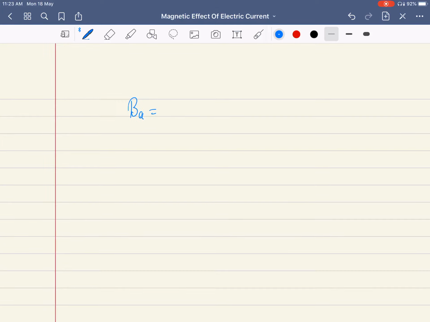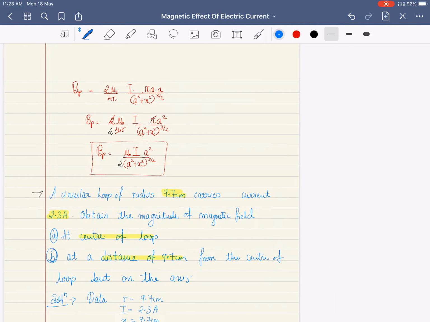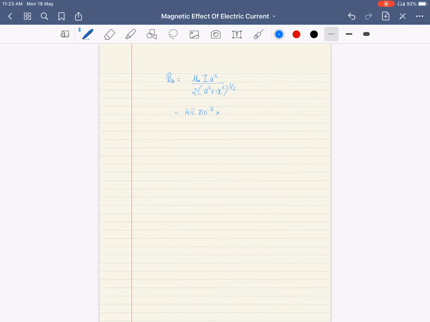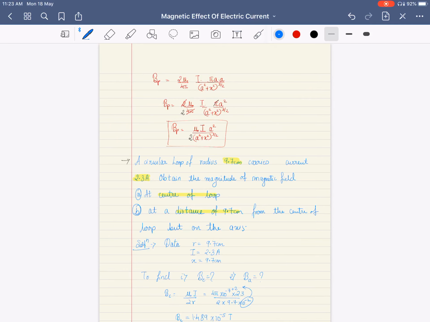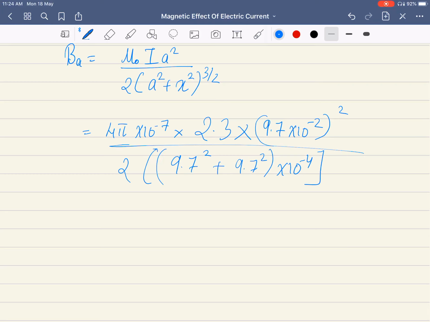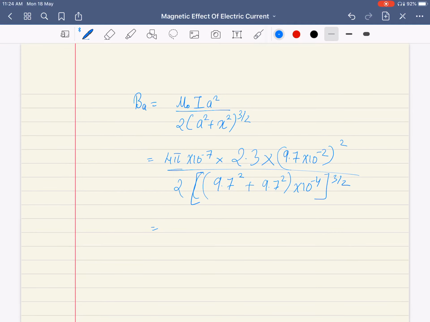So when I say about the magnetic field about the axis, we write it as mu naught I a square divided by 2 times of a square plus x square the whole raised to 3/2. म्यू नॉट का वैल्यू है 4 पाई इंटू 10 रेज टू -7. करंट की वैल्यू है 2.3 एम्पियर. रेडियस इज ऑल्सो गिवन एज 9.7 इंटू 10 रेज टू -2 द होल स्क्वायर डिवाइडेड बाई 2 इंटू 9.7 द होल स्क्वायर प्लस 9.7 द होल स्क्वायर इंटू 10 रेज टू -4, मैंने बाहर ले लिया, द होल रेज टू 3/2.